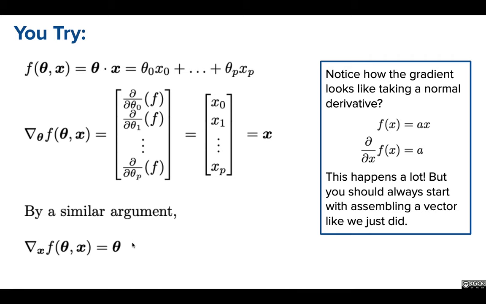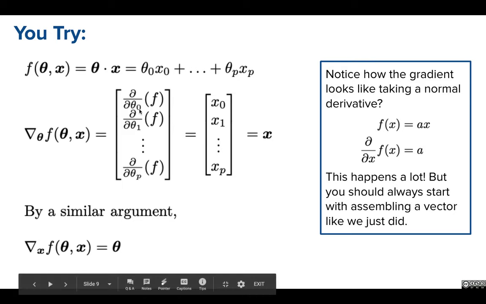So the gradient, again, because it extends the derivative to multiple dimensions, a lot of the transformations that the gradient does looks very similar to the transformations that a derivative does. But you cannot always just assume that. What you should do is always assemble this vector of partial derivatives and then go through the process of taking the partial derivatives.